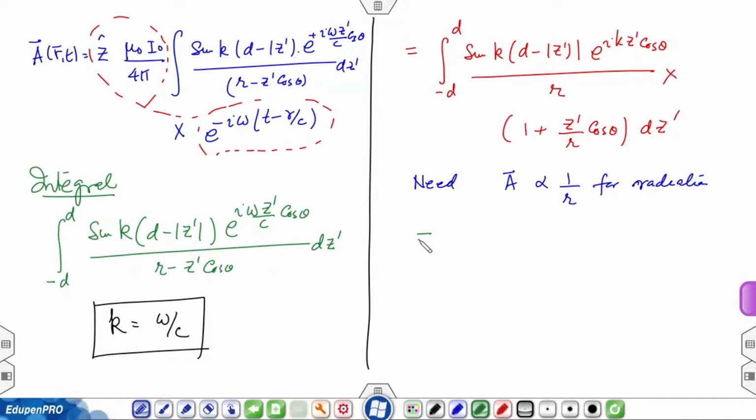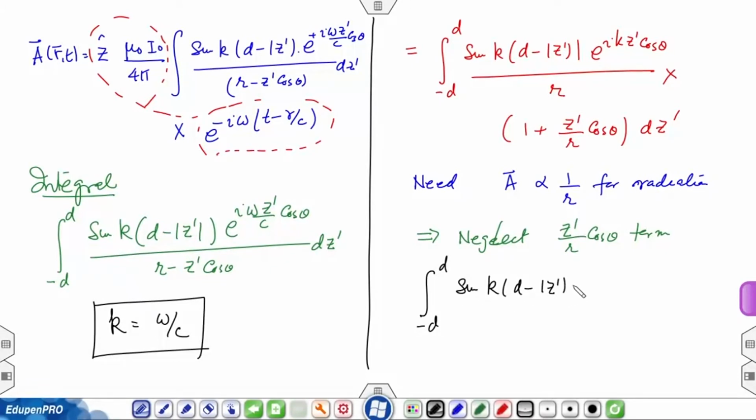So, this implies neglect z prime over r cosine theta term, and therefore, I can write this integral as minus d to d sine k d minus mod z prime e raised to I k z prime cosine of theta divided by r dz prime. So, even this r comes out now, this r goes out, and therefore, I am left with a very simple integral. So, let me write A all over again.